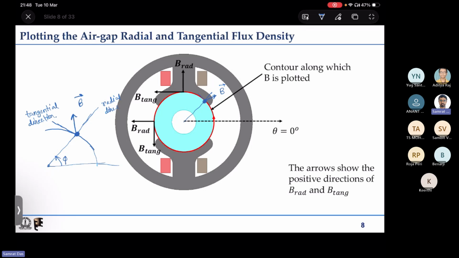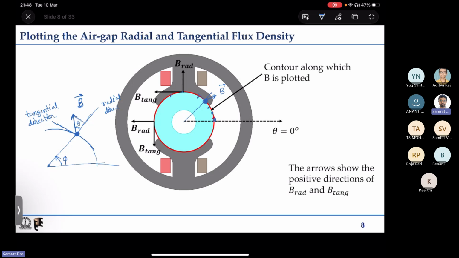So we will get the magnitude and direction of the B vector at all points of this red circle. I have only indicated one point. Similarly, we will have different points on this red circle, and once we get B and its direction, we will take the components. If this is B, we can get this angle, say theta.